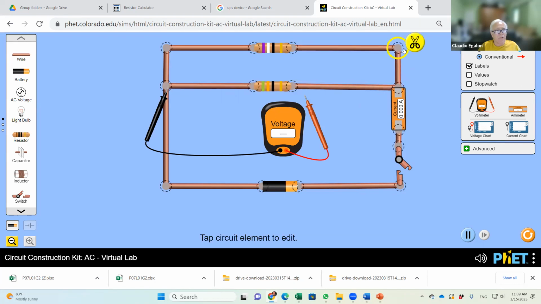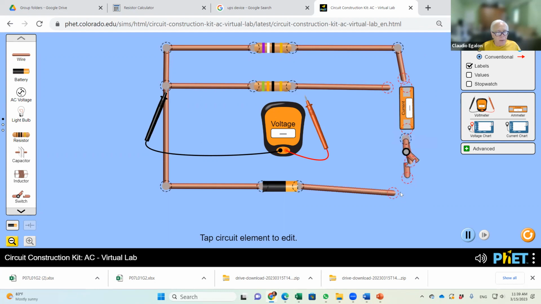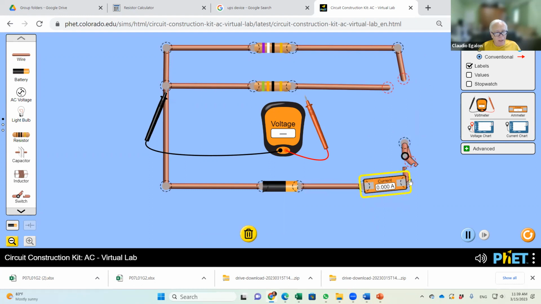Okay, here you go. Now I inserted my ammeter here. The current is 0. Even better, I'm not gonna put it here because it's vertical. There's a better place to put it. I'm gonna put it here. So you stay in the horizontal. And whether I put my ammeter here or there is still gonna give me the same measurement.